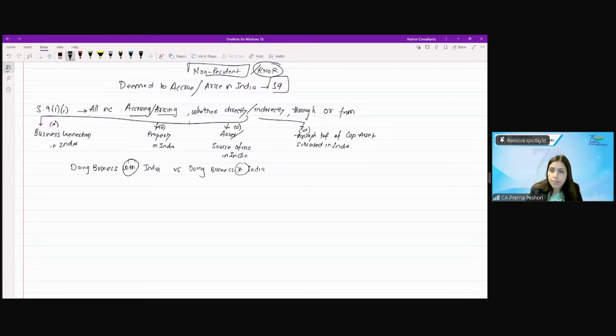Ma'am, here doing business with India, maybe any foreign company like Maruti and Suzuki. Suzuki is a foreign company and Maruti is an Indian company and they are doing business.